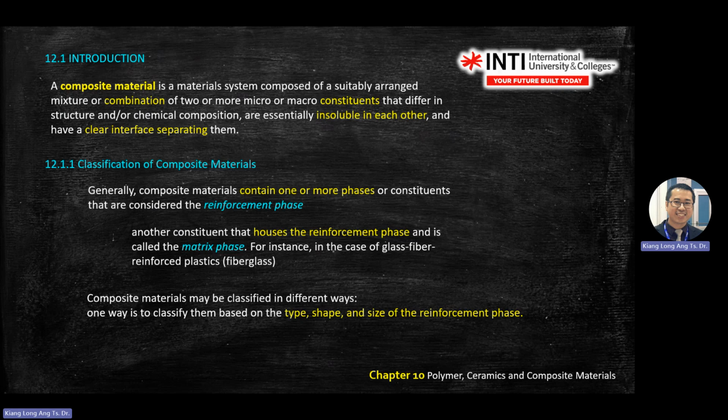What is the purpose of matrix? Matrix is to join the fibers together. It's like glue. You put glue inside the strings because you want to glue them together. Matrix is like glue, or you can imagine it as jelly. When you try to break jelly, it's very easy to break, like when you take a spoon to scoop the jelly. So it's very easy to break away, but it is able to bond the fibers together.